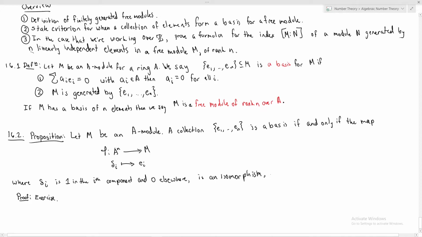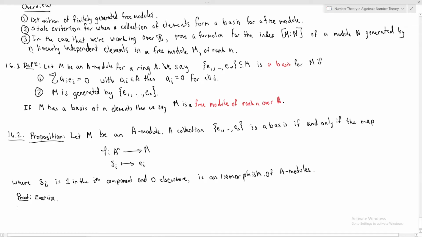I should tell you this is an isomorphism of A modules. The proof shouldn't be too bad if you understand this definition, and working through it can be useful to help you see how to use these definitions.